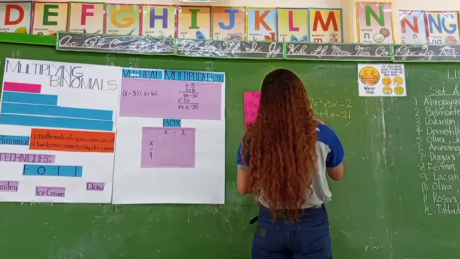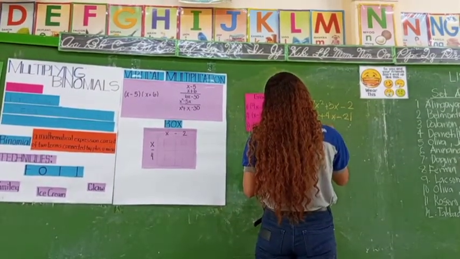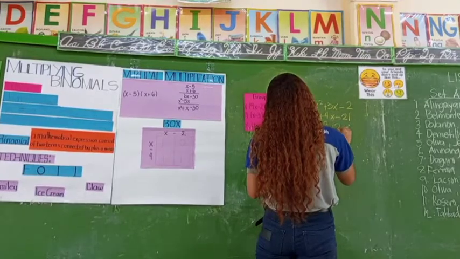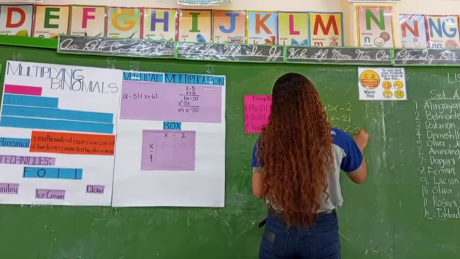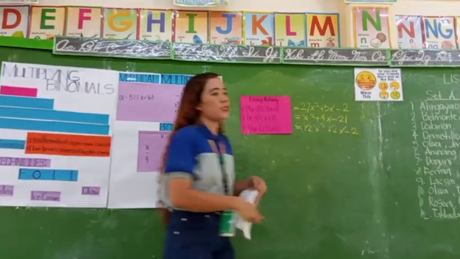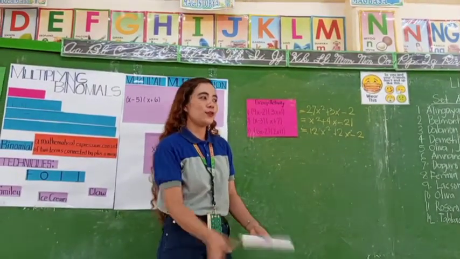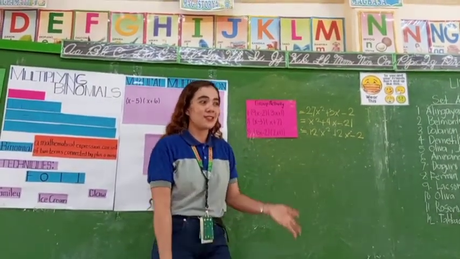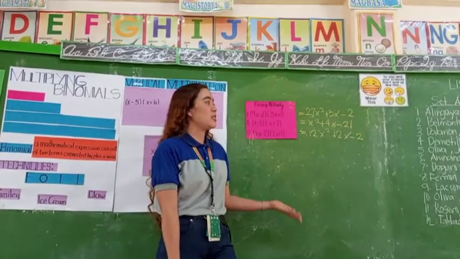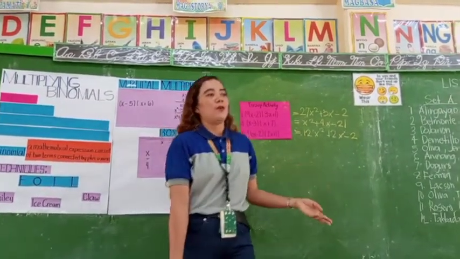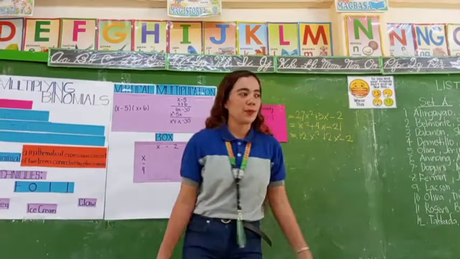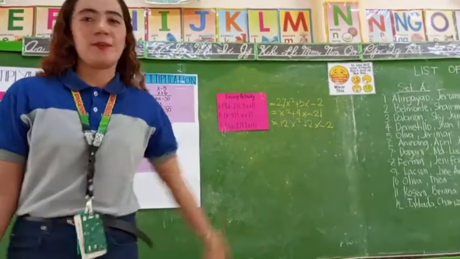And then, last is 12x squared plus 2x minus 2. So these are the answers for this equation. Okay, and what you're going to do now is discuss the process, how you got the answer, and then discuss why you chose the method. Okay, I'll give you the floor.